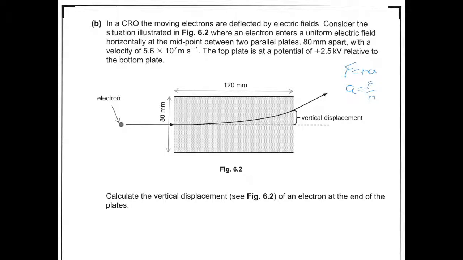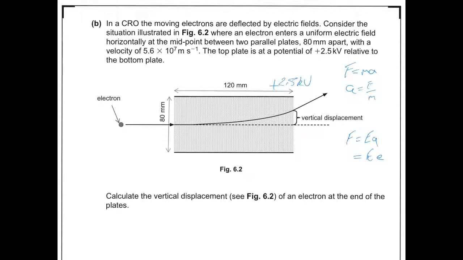Now the force on a charged particle in an electric field is going to be Eq. In this case it's big E, little e, where little e is the elementary charge, the charge you would find on an electron. We're told that the top plate is positive, 2.5 kilovolts.